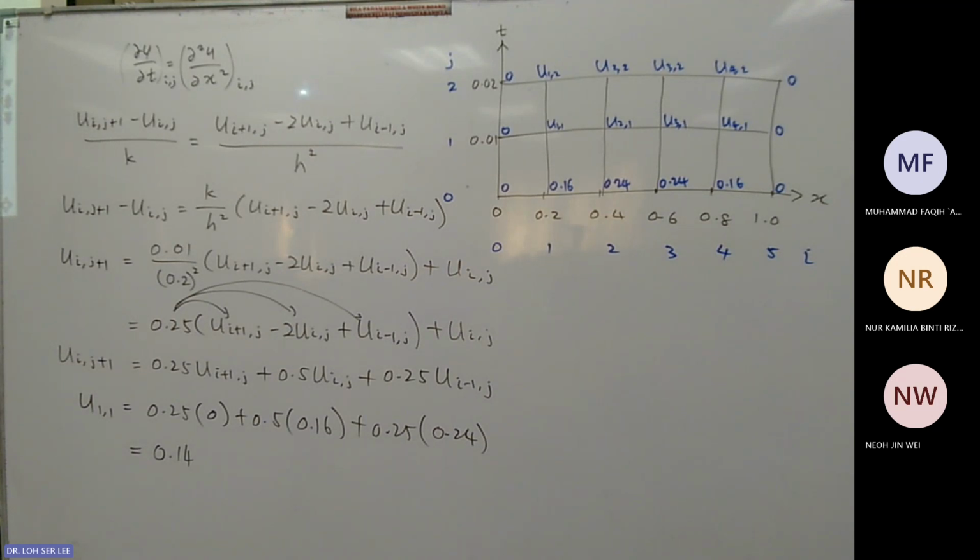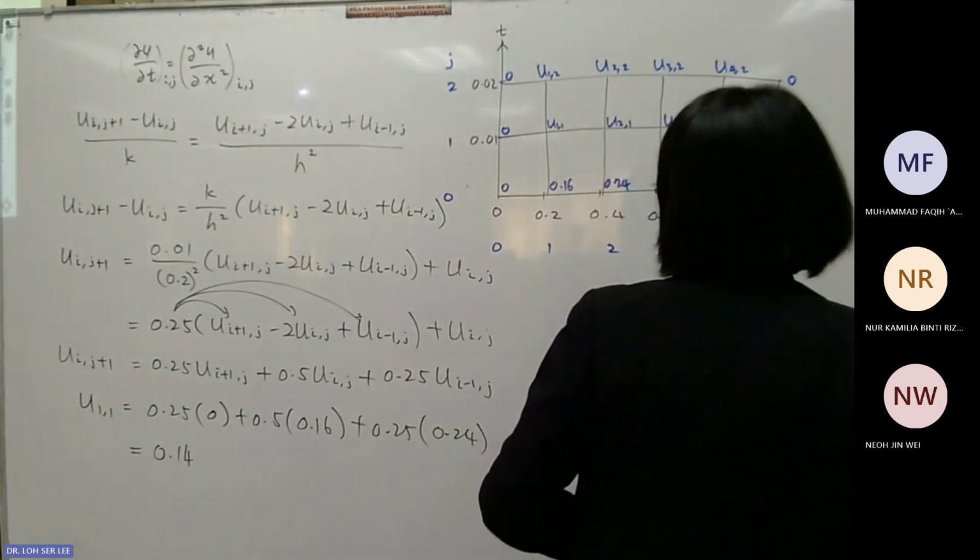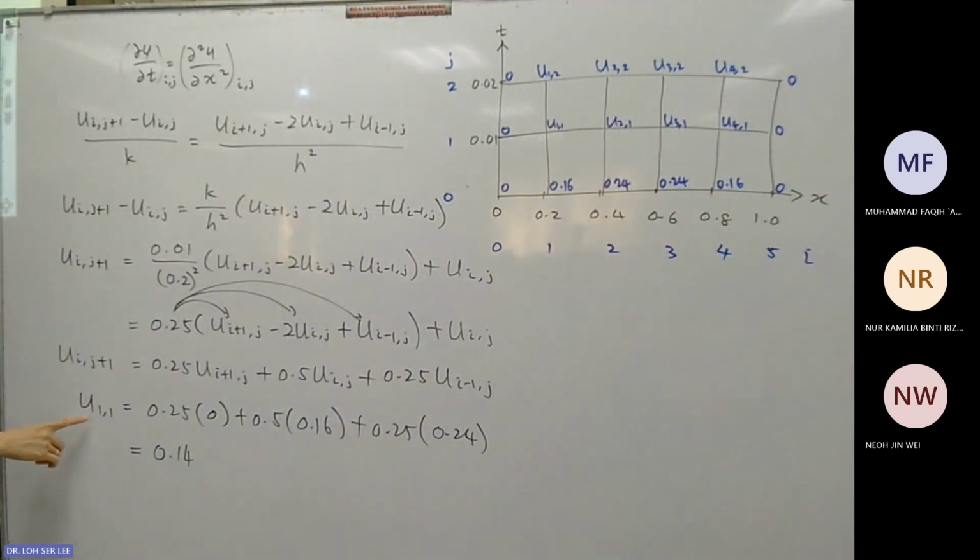I is 1, right? Yes, I is 1. So I plus 1 is 2. You know, U 2, 0. If you use the Uij, what is your i? i is 1.